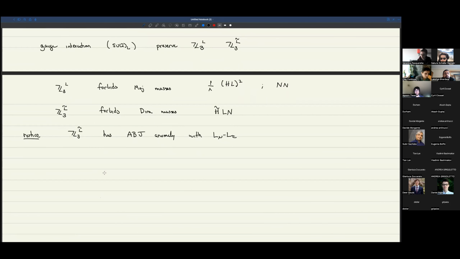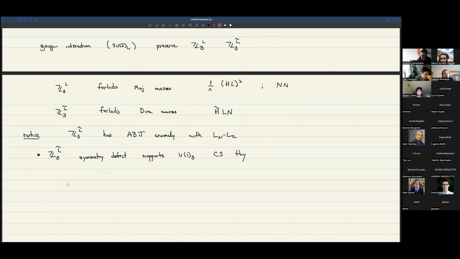What to say about it? Well, let's put a little more meat on it. The Z3 L tilde symmetry defect supports a U(1) level 3 Chern-Simons theory.